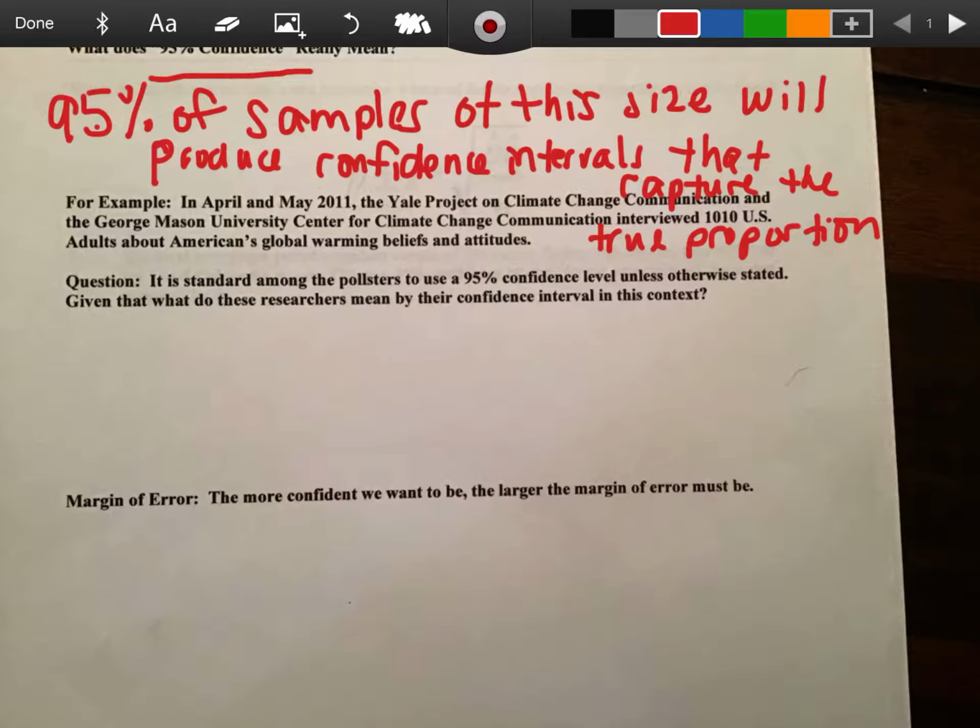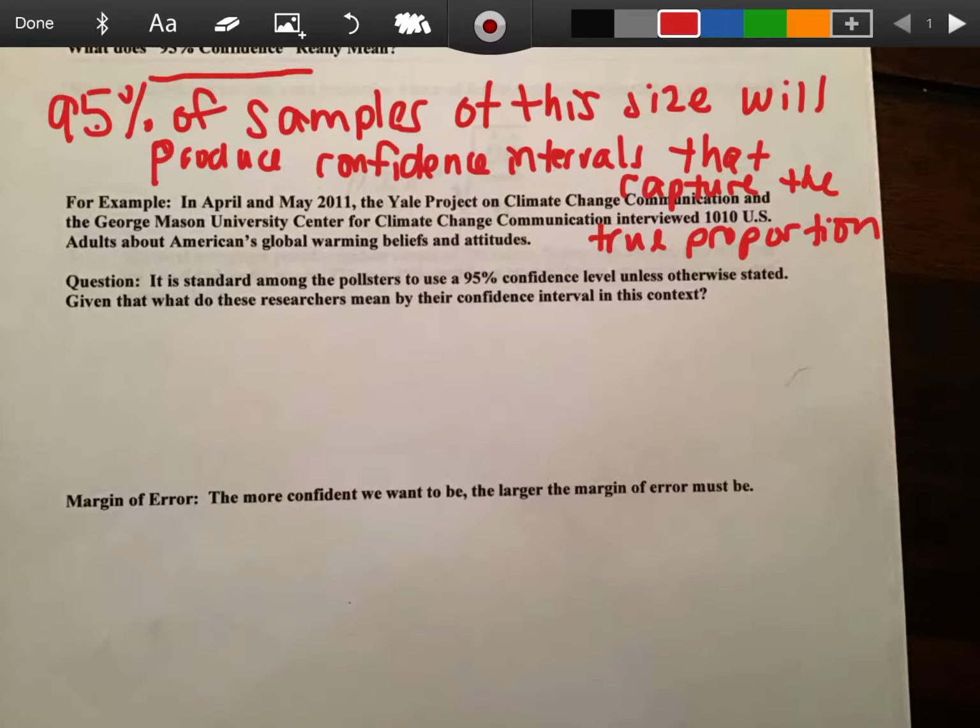So I want you to stop and think for a second, reread the question, pause the computer if you need to, and think: what do these researchers mean when they state what they found and that they are 95% confident that their answers are correct?